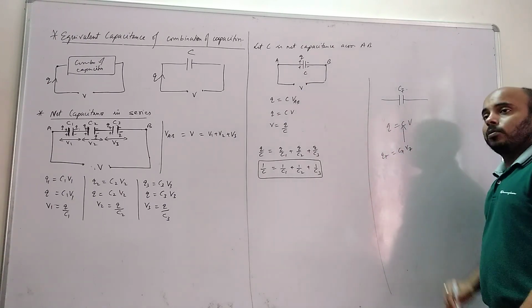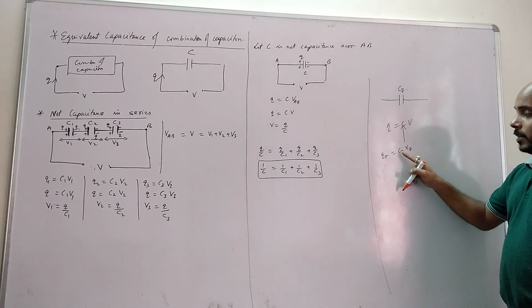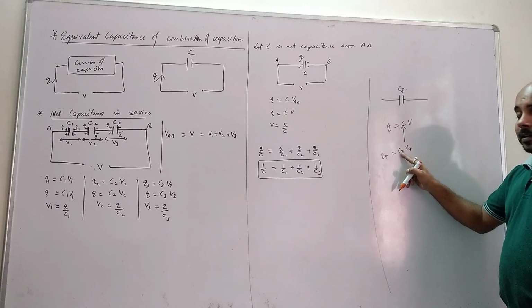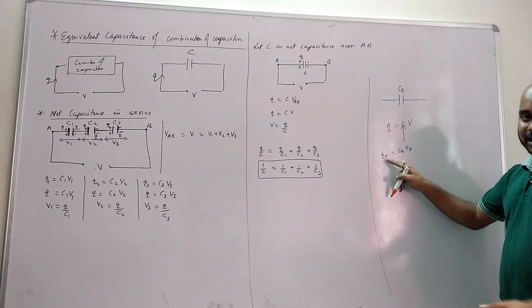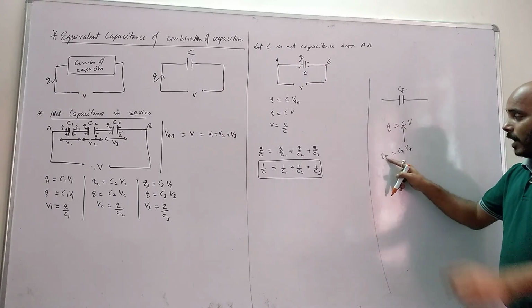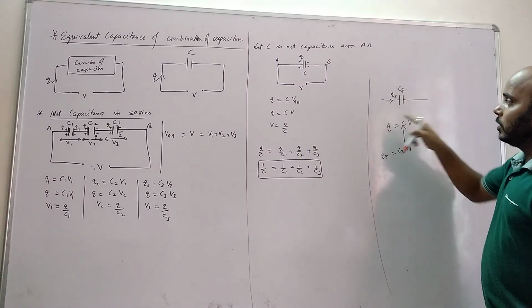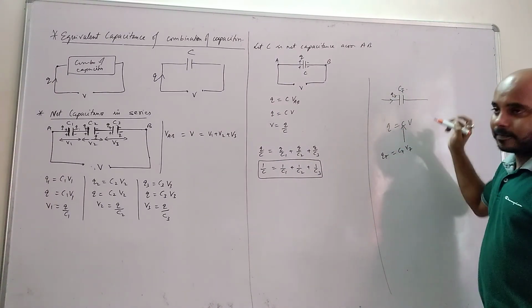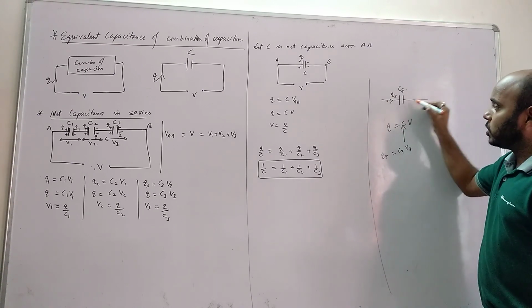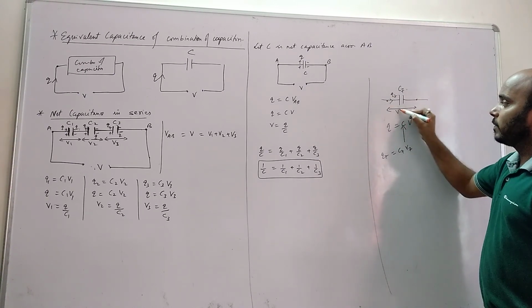For the capacitor C7, this is the charge Q7 and the potential difference V7. Q7 is the charge going inside C7. V7 is the potential difference across C7.